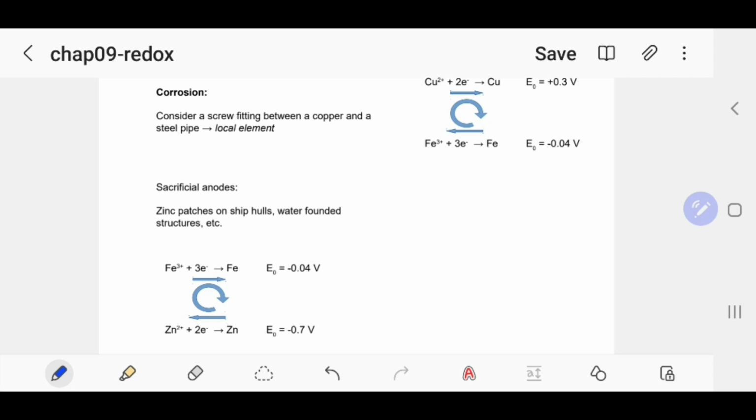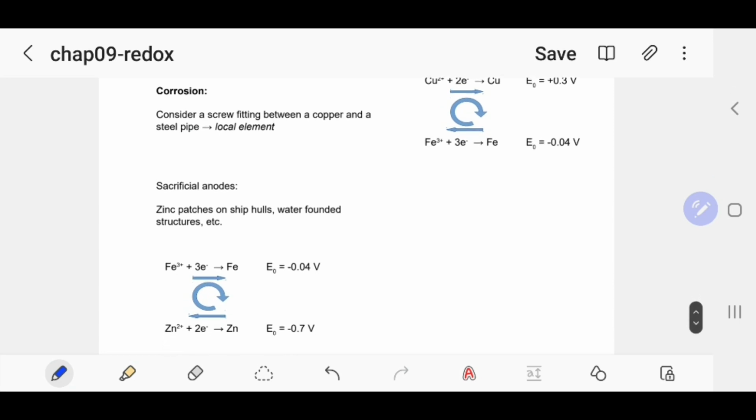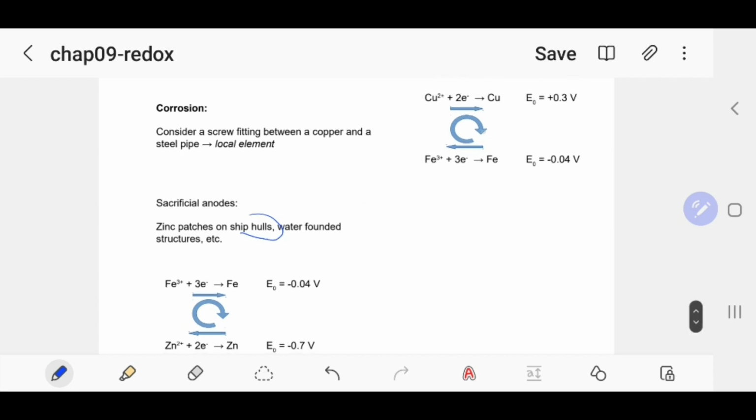Like in the case of, for example, copper and iron, if we have some surface that has to function on water, like for example a ship hull, and in the presence of water, the iron is oxidized and the copper is reduced. So in the presence of water, because all around there is the water solution, the iron will give away.